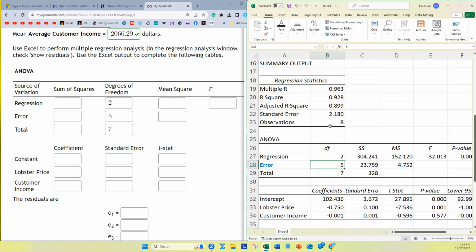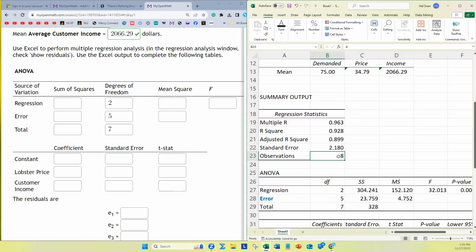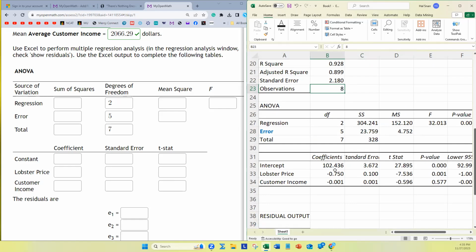Now, why is the error 5? Well, we have 8 observations total. We have 1, 2, 3, 4, 5, 6, 7, 8. So we have 8 total observations, and we estimated 3 parameters, right? We estimated the intercept and these 2 slopes.